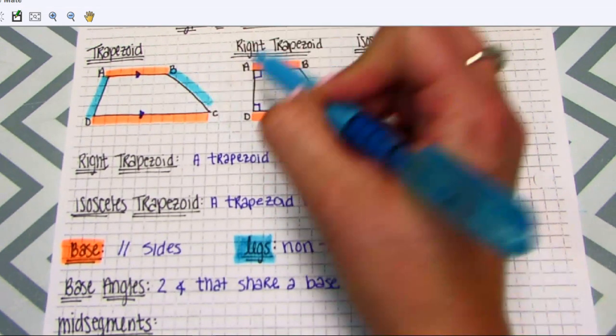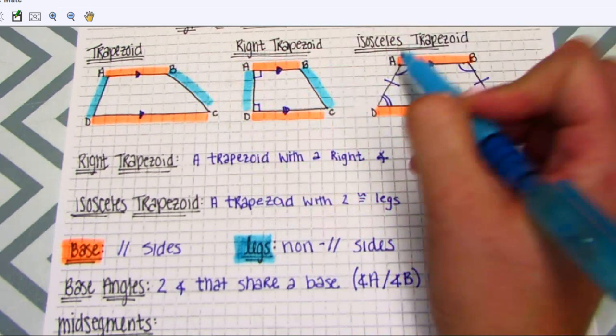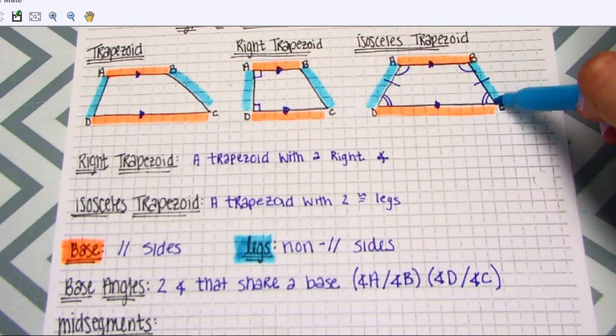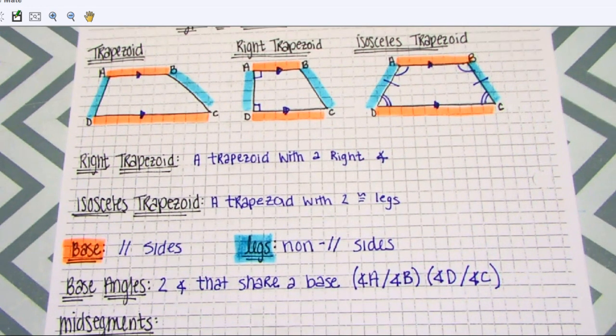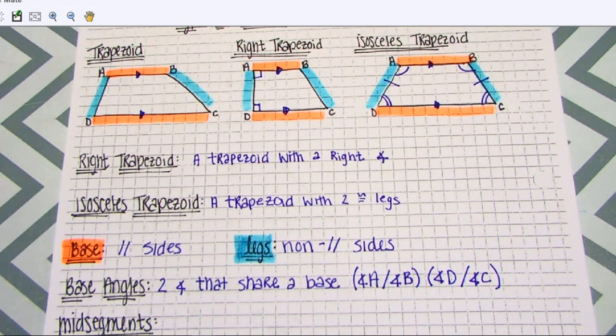So the sides that are not parallel, those are the legs of the trapezoid. The legs are only equal if the trapezoid is isosceles. So a lot of the times you'll be dealing with isosceles trapezoids because there's a lot of congruency in them. So the isosceles trapezoid is the one you'll probably use the most often.